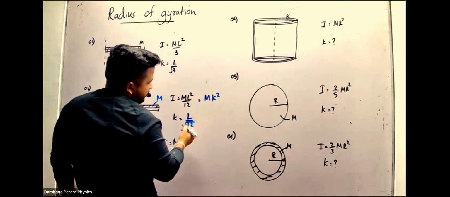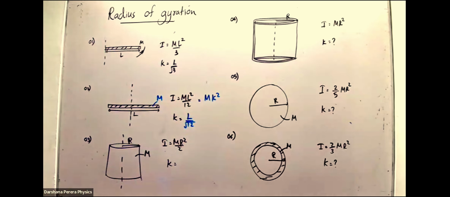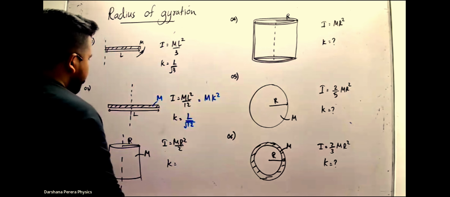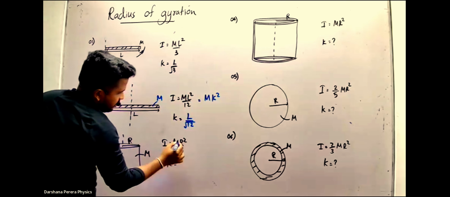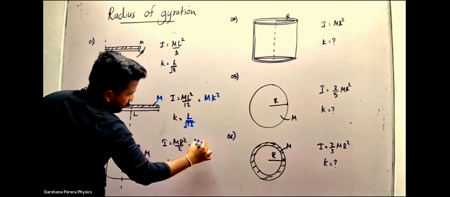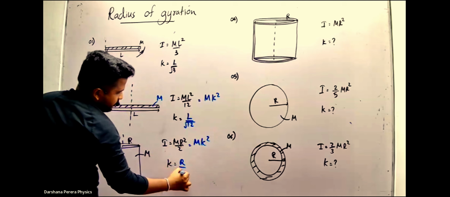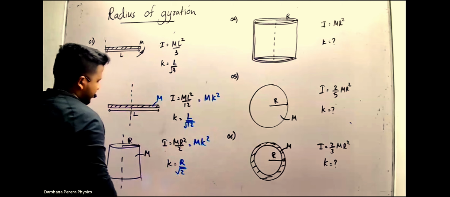Likewise, take this. I will give you a problem also. This one is equal to M K square. Therefore, root 2.